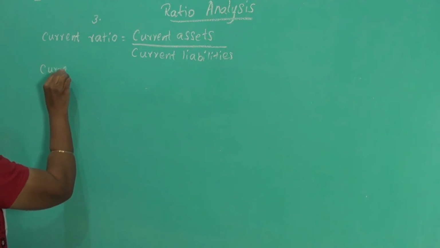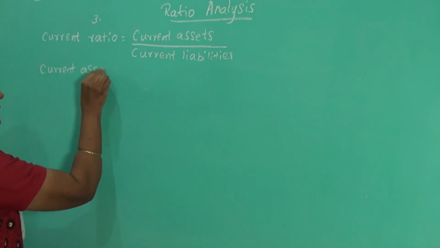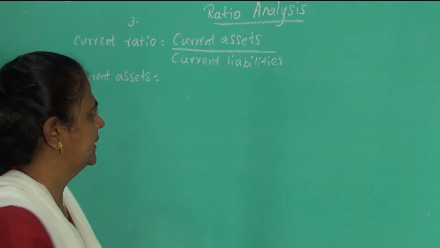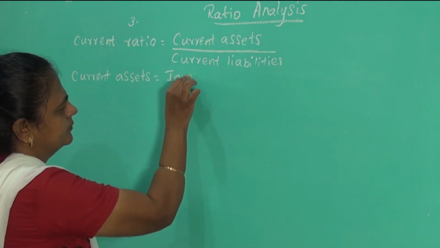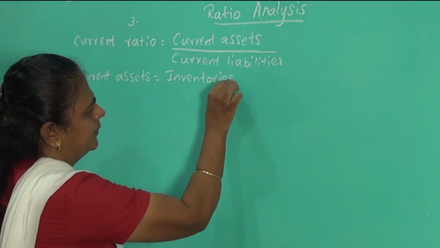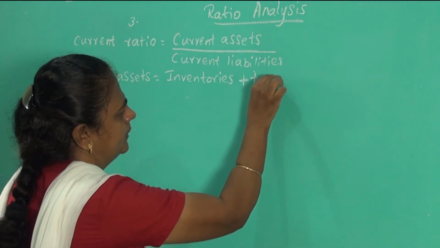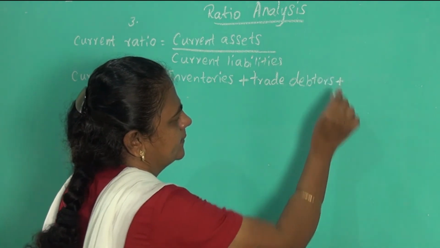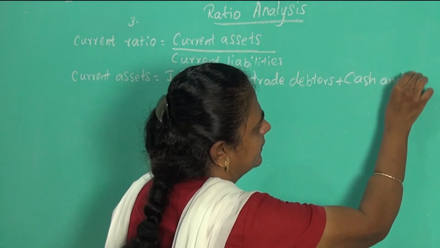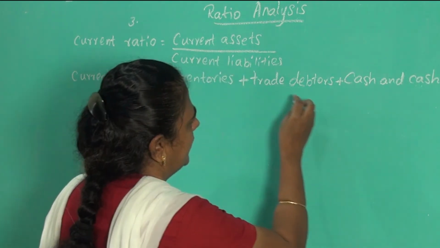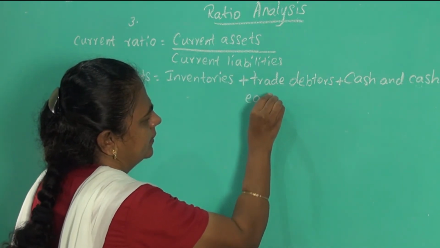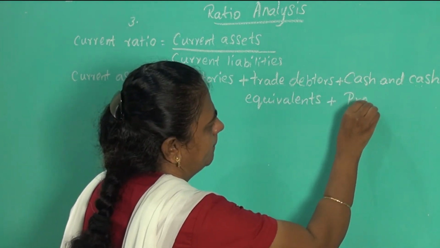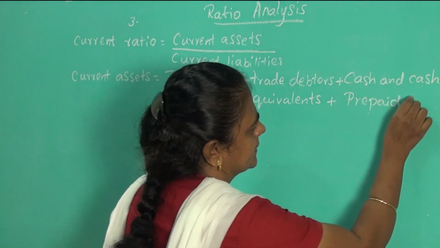So current assets is equal to, you see the question, it is clearly given what are the current assets. So write inventories plus trade debtors plus cash and cash equivalents plus prepaid expenses.